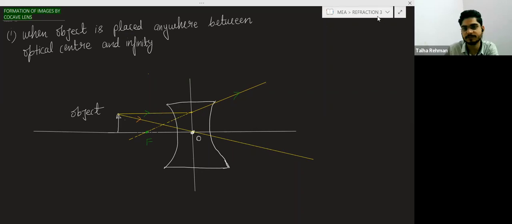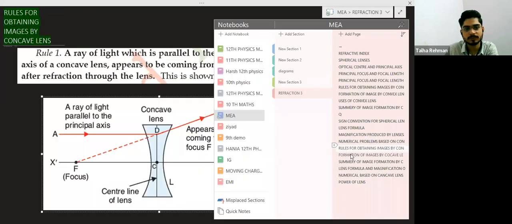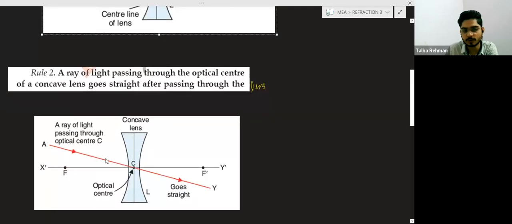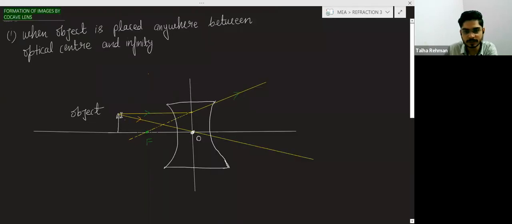Rule number two: a ray of light passing through the optical center will go straight.